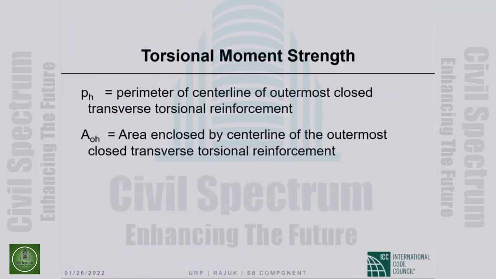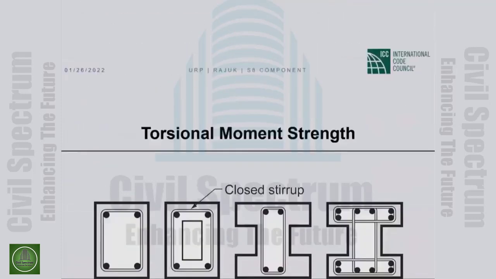Here, P sub h is the perimeter of the center line of the outermost closed transverse torsional reinforcement. A sub 0 h is the area enclosed by that perimeter, by the center line of the outermost closed transverse torsional reinforcement.